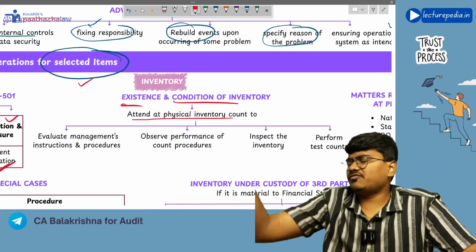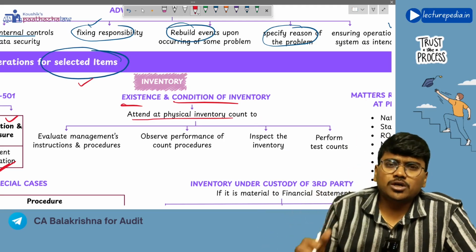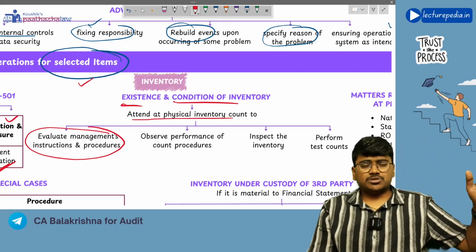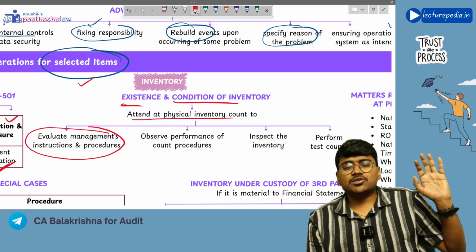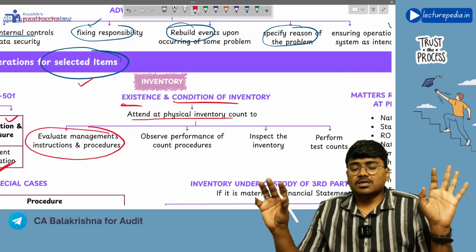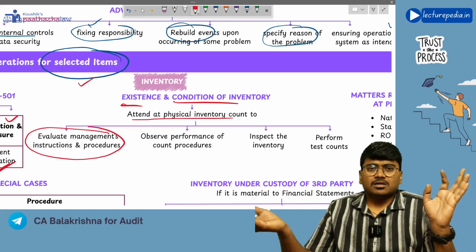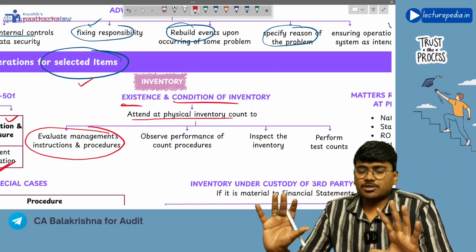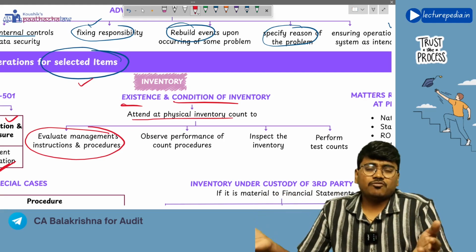By attending the physical inventory counting, you will evaluate management's instructions and procedures. Management would have given some instructions and procedures to the staff for doing the physical verification. The auditor will evaluate whether those instructions and procedures are properly followed by the staff or not.